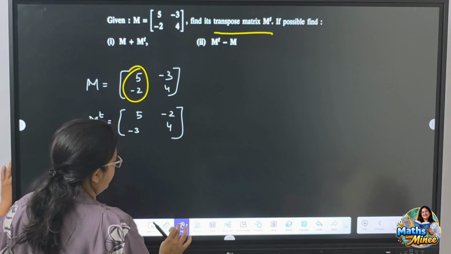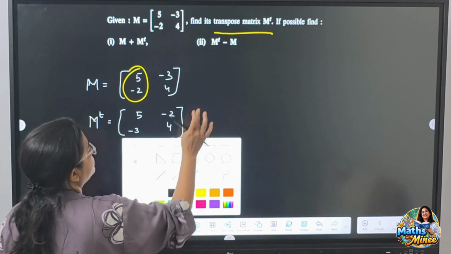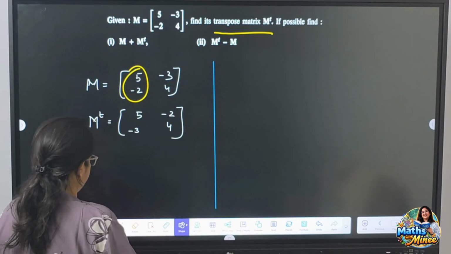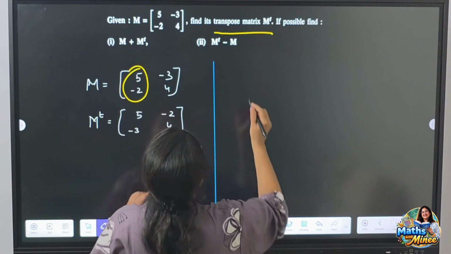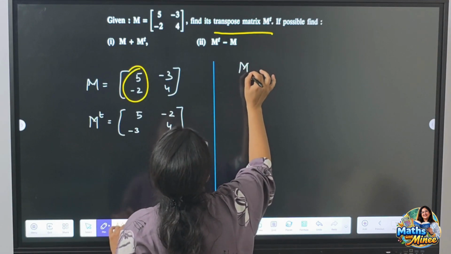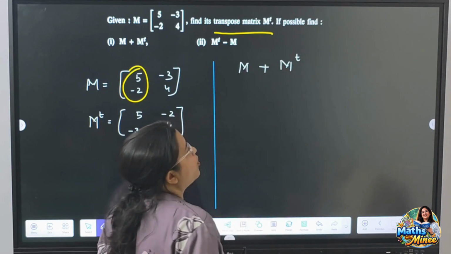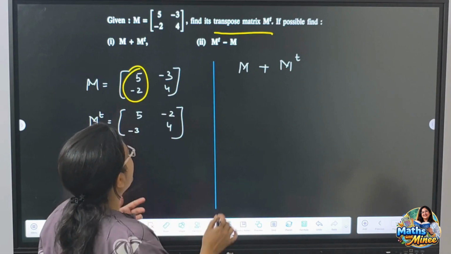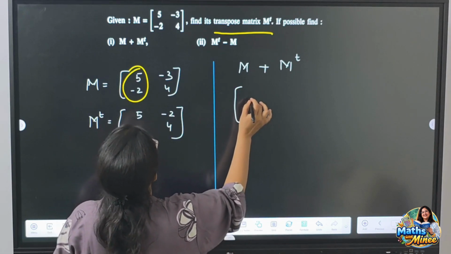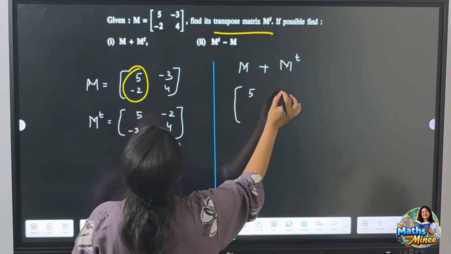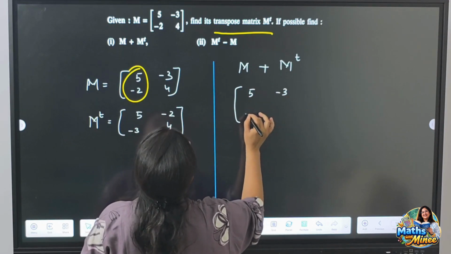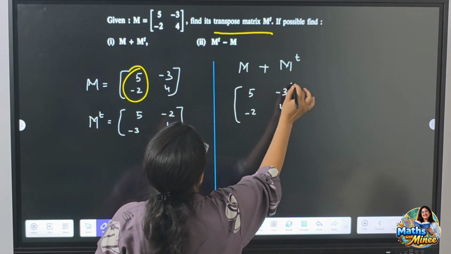अब हमारे पास क्या दिया हुआ है? Now here you are given first question, M plus the transpose matrix. So okay, तो मेरे पास M क्या दिया हुआ है? Matrix M is 5 minus 3 minus 2 4.